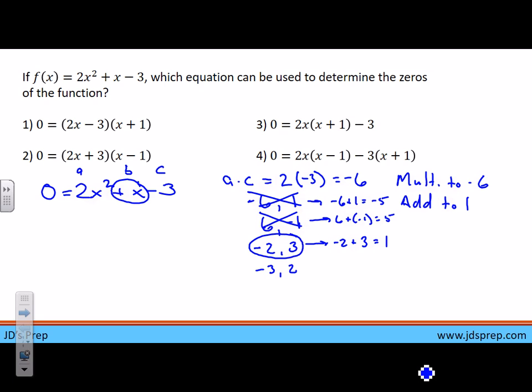That's going to make our equation 0 equals 2x squared minus 2x plus 3x minus 3. To double check your separation, you can always combine like terms again and end up right back where we started with the plus x.